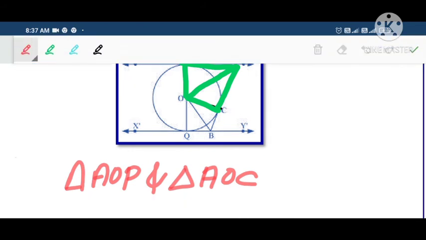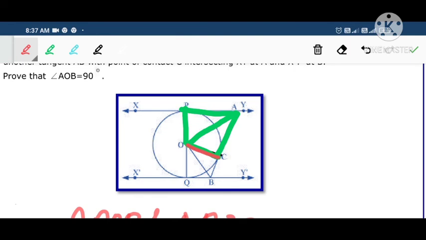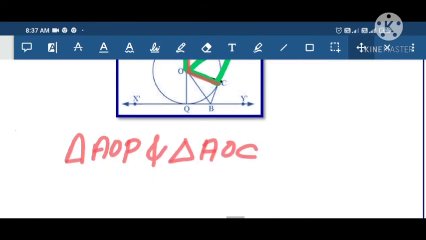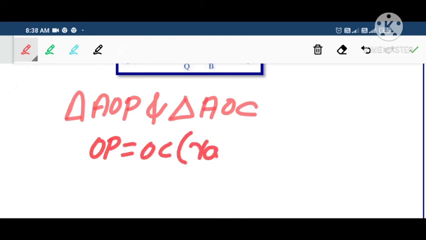Just observe. OC and OP are equal. In which criterion? The two are radii, and also sides of the triangles. In a circle, OC is a radius and OP is a radius. Wherever you take it, radii are the same. So OP is equal to OC, as these are all radii of the circle.